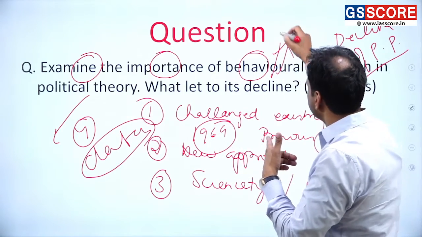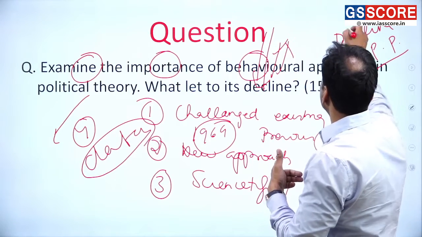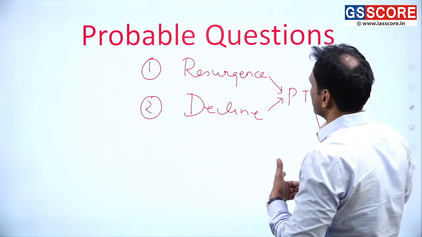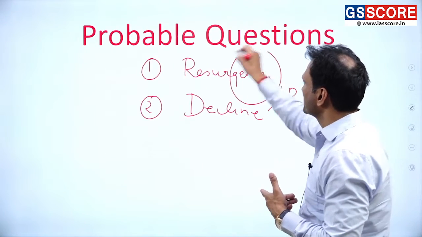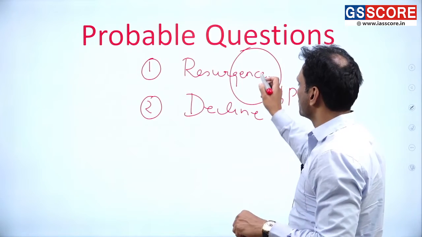Then the decline of behavioralism started and the rise of political philosophy happened. So this is why I have written here, resurgence of political theory. The resurgence of political theory is very clear.